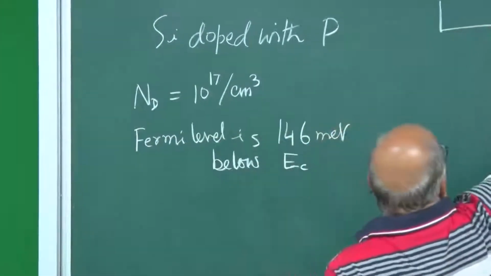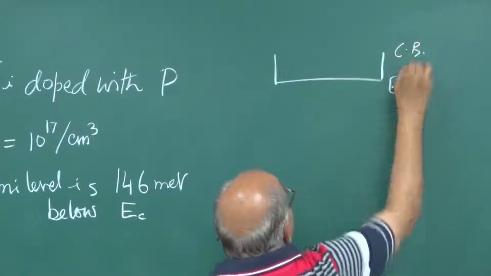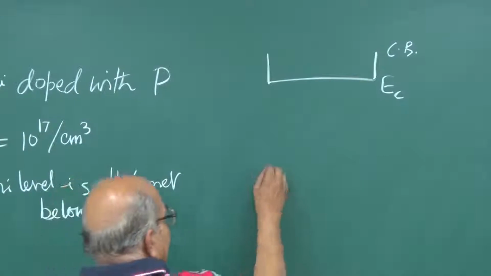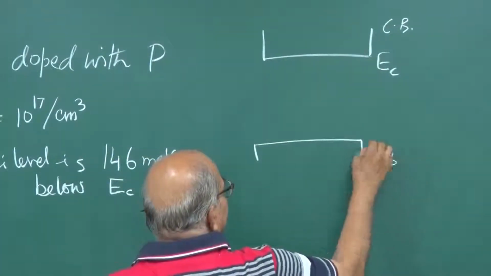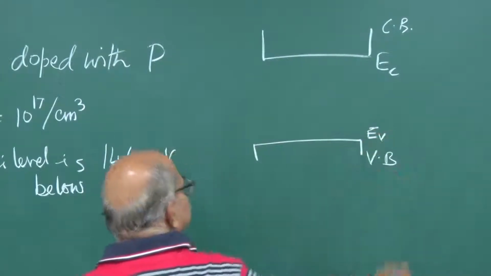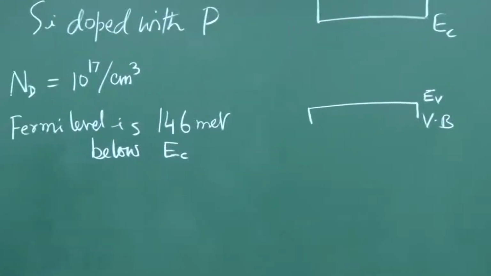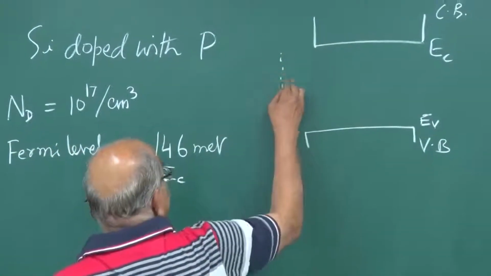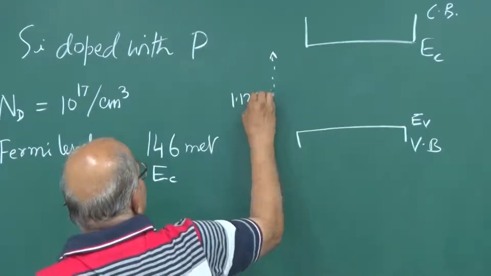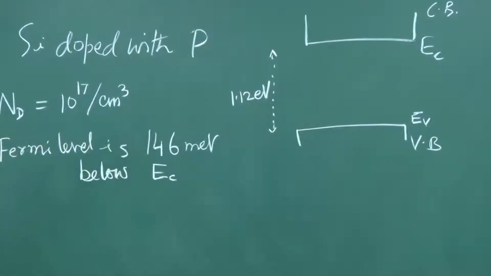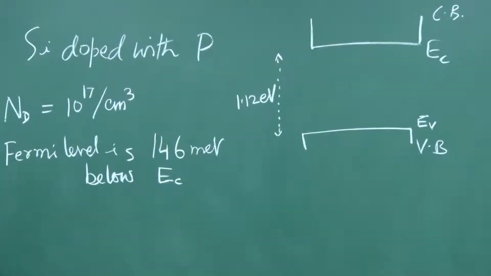The lowest energy in the conduction band, that we write as EC, and the highest energy in the valence band, that we write as EV. It says it's silicon, so you know how much this is. This is around 1.12 eV, and the Fermi energy is 146 meV below EC.